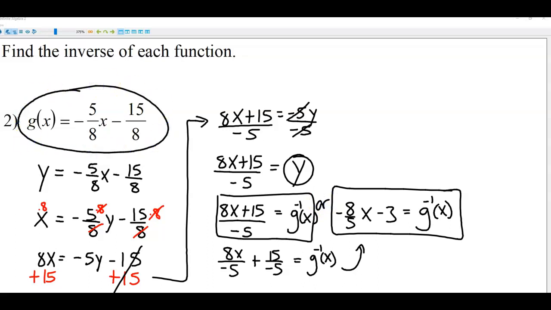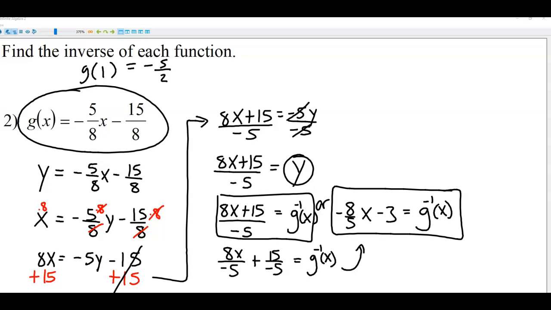And an inverse is a function whereby if you were to plug a number in for g, like let's say I plugged in 1, that's going to give me an answer of negative 20 over 4, which would be negative 5/2.